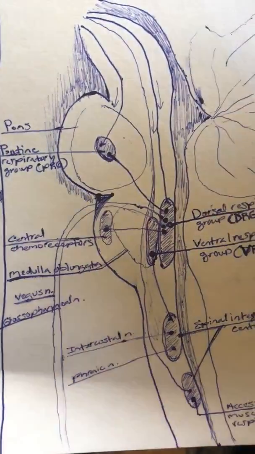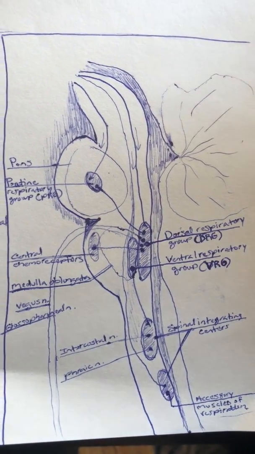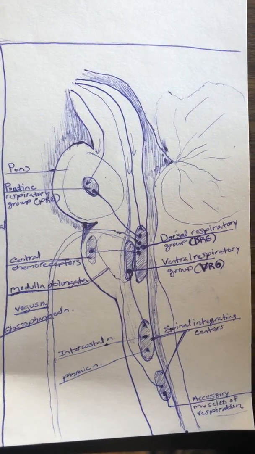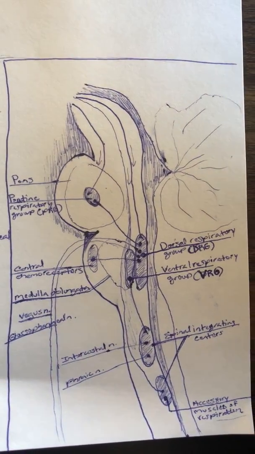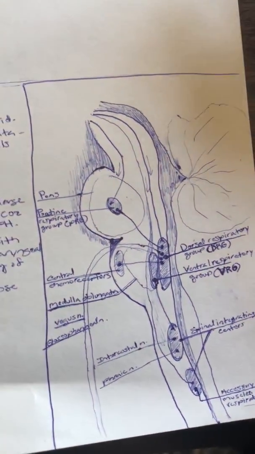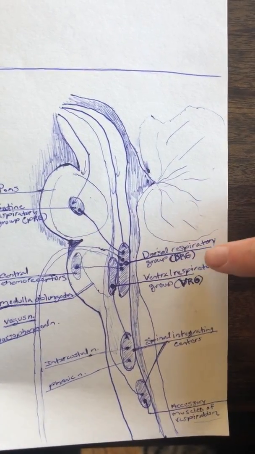Within this area, you're going to have 3 pairs of respiratory centers in the reticular formation of the medulla oblongata and the pons. There is going to be the ventral respiratory group, which is right here. You're going to have the dorsal respiratory group, which is within the medulla oblongata.